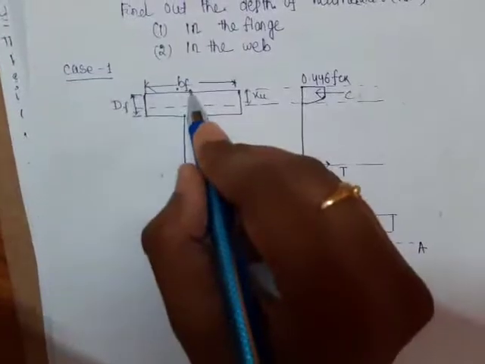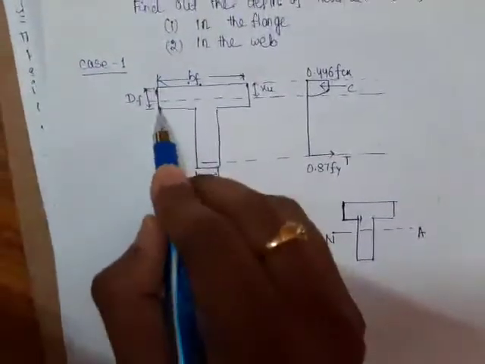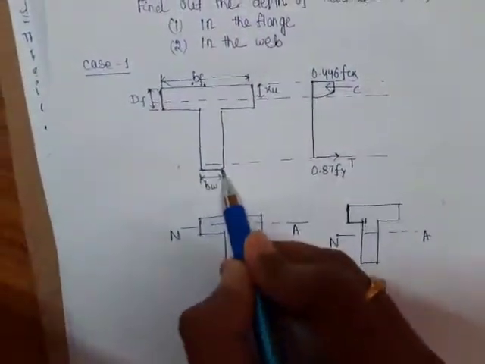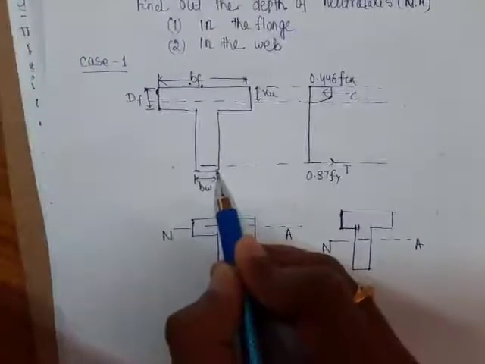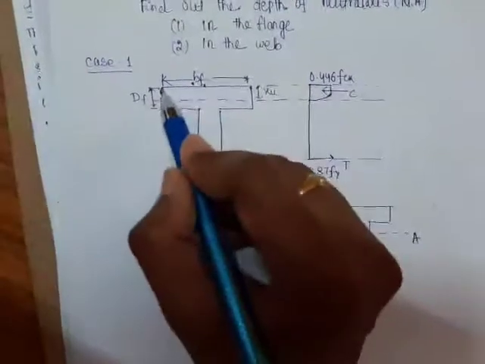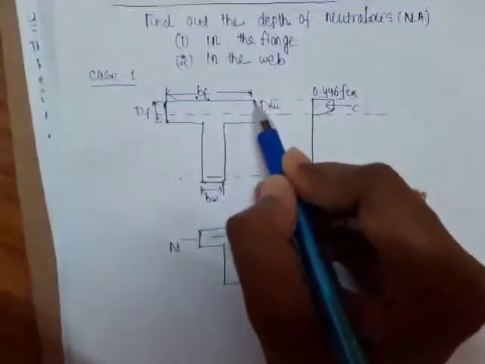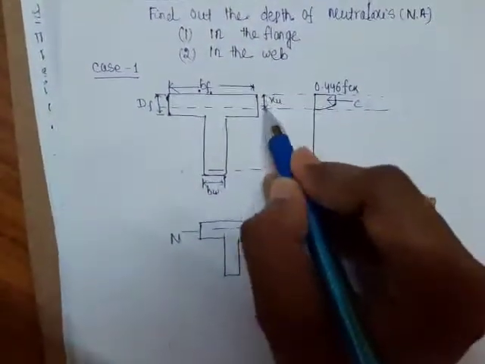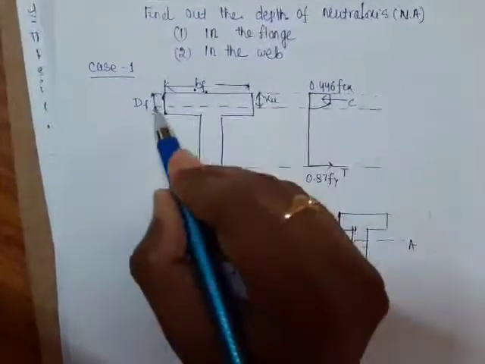So this is the BF, this one is DF, this is the BW, that is nothing but our width of the beam, this is the thickness of the slab, this is the effective width of the flange, and the neutral axis is here inside the flange.